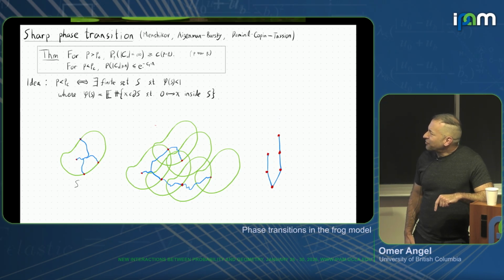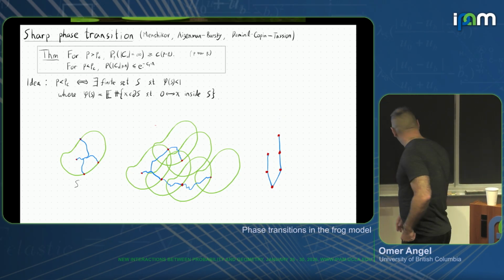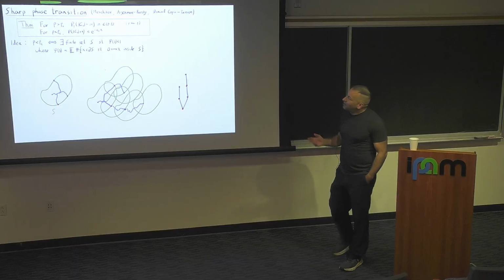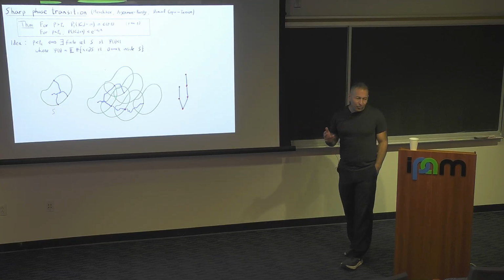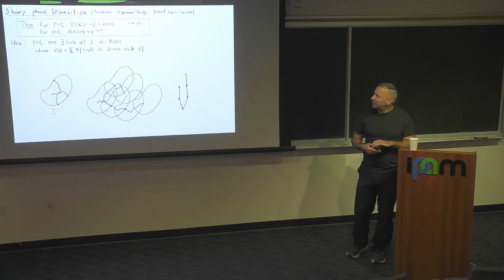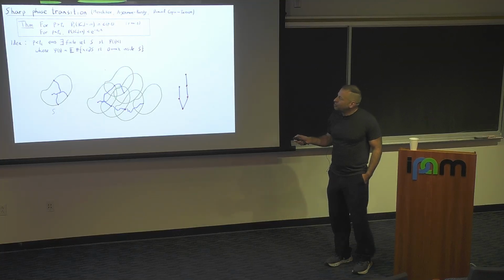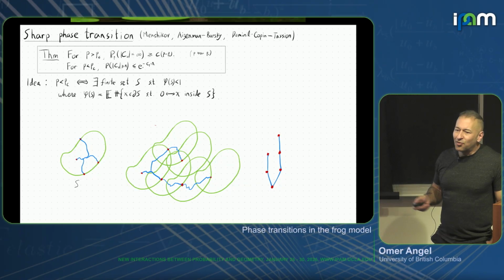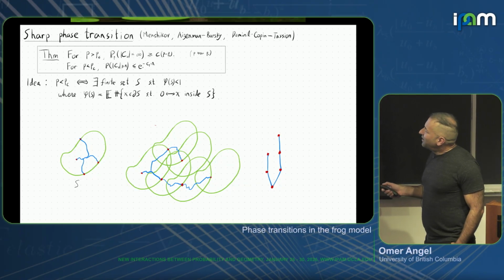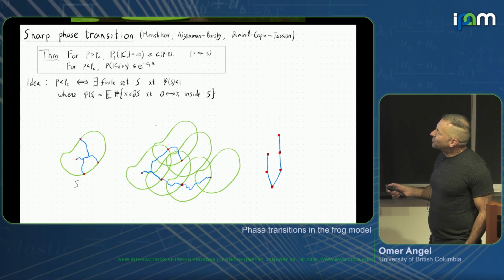The sharpness of the phase transition has various formulations, but one of them is the following. If p is larger than p_c, then not only is there a positive probability of having an infinite cluster, but there is actually a bound on the probability that the origin is in the infinite cluster, or the density of the infinite cluster, which is linear in how far you are from p_c. So it's some constant times p minus p_c.